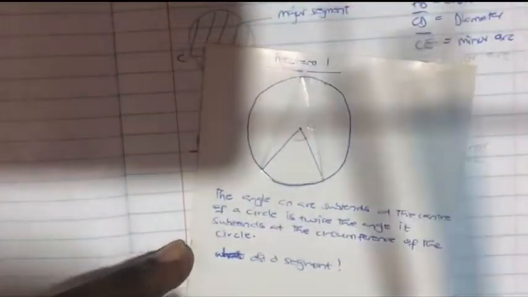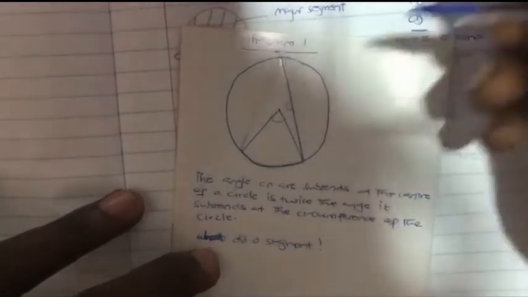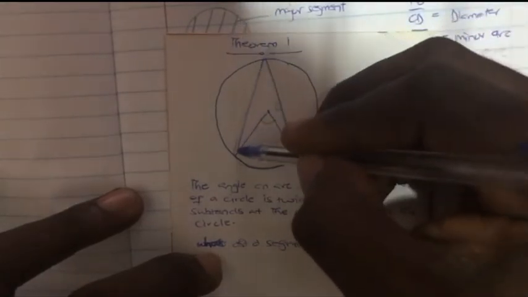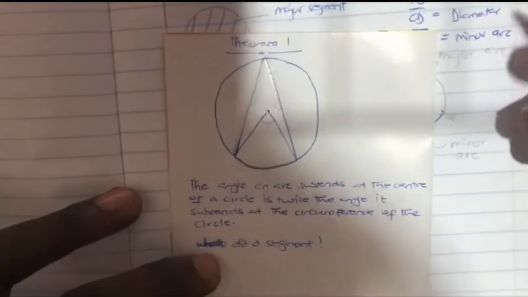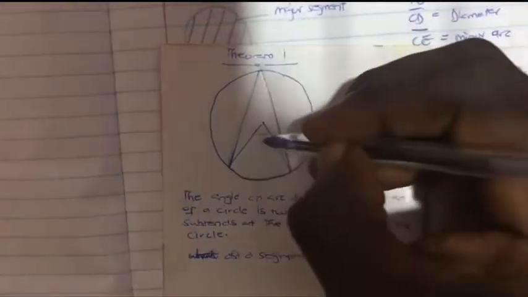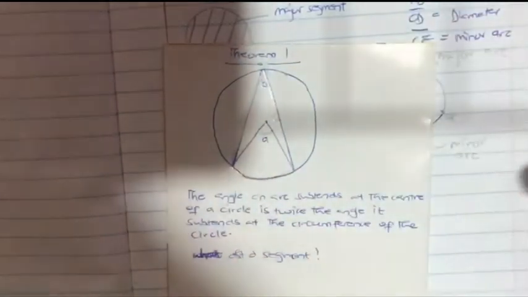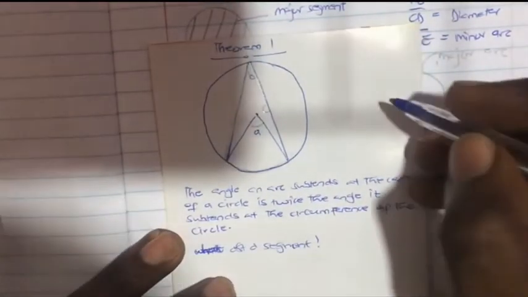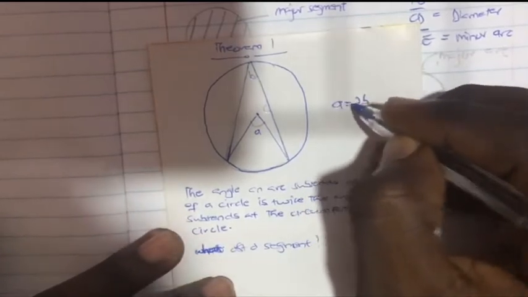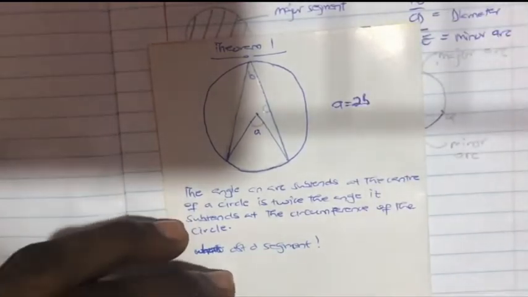Please note that it's twice. Let's say this is angle A and this is B. So we are saying that A is equal to 2B, or B is half of A.